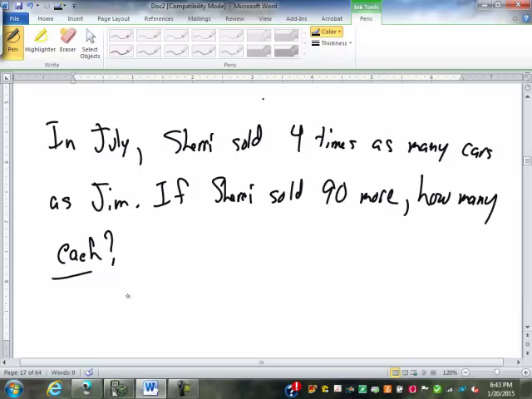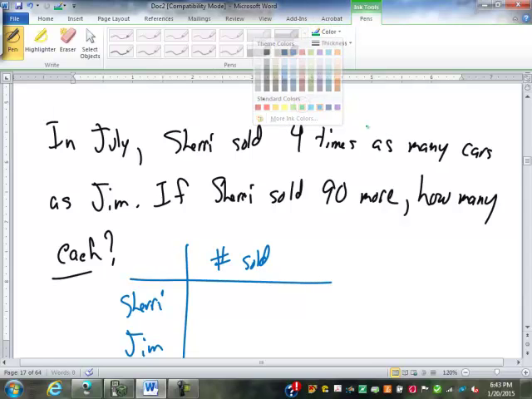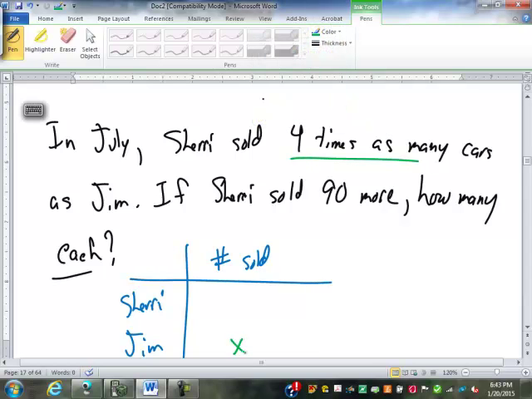So again, we have two variables, Sherry and Jim. What we're really looking for is the number sold. Now, is there one of them that's referenced off the other again? Yeah, which one? Sherry sold 90 more. Yeah, well, that's true, but also there's the 4 times as many. So Jim would be X and Sherry would be 4X.